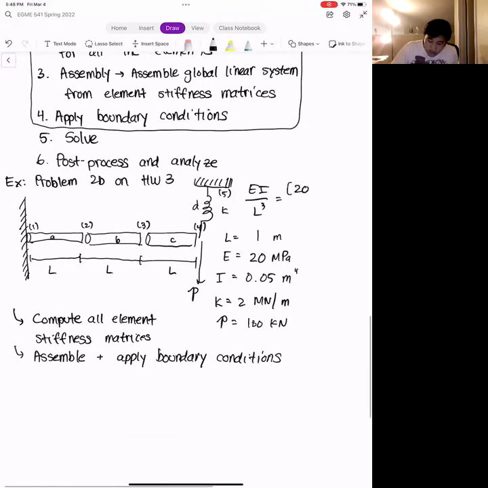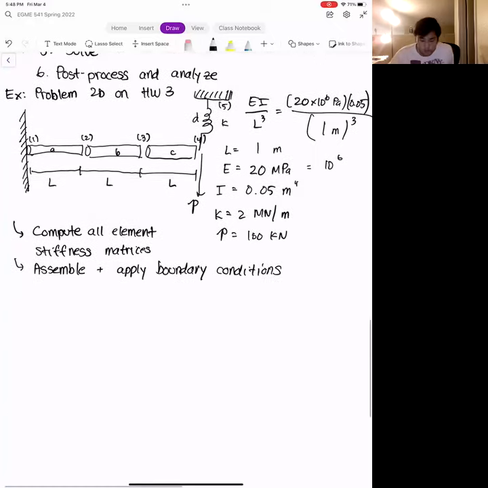This is 20 times 10 to the 6 Pascal, I here is 0.05, divided by 1 meter cubed. 0.05 is the same thing as 1 over 20, so we have 20 times 10 to the 6 times 1 over 20. So EI over L cubed is simply 10 to the 6, because 1 cubed is still just 1.